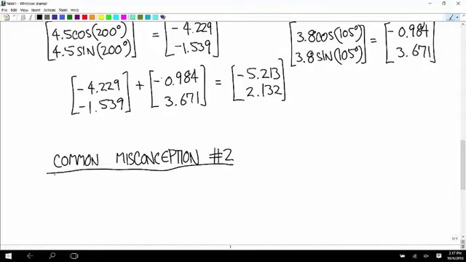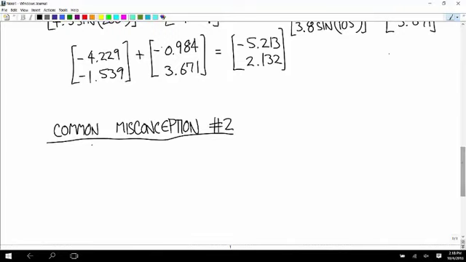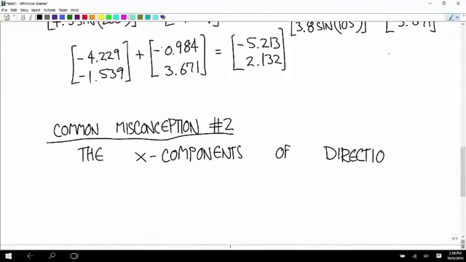And I'm going to say this in a way that doesn't seem very intuitive. I'll try to connect it to the... yes. Is that the x component of directional quantities affect the y components and vice versa?